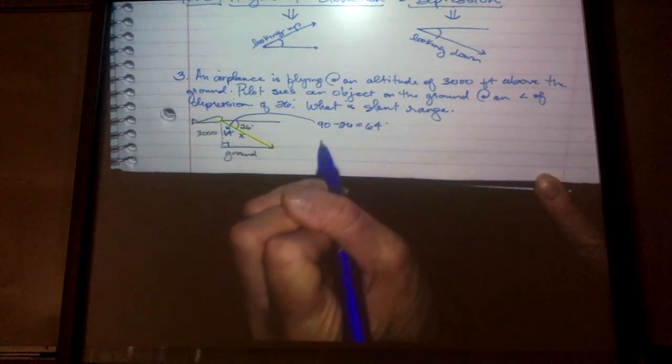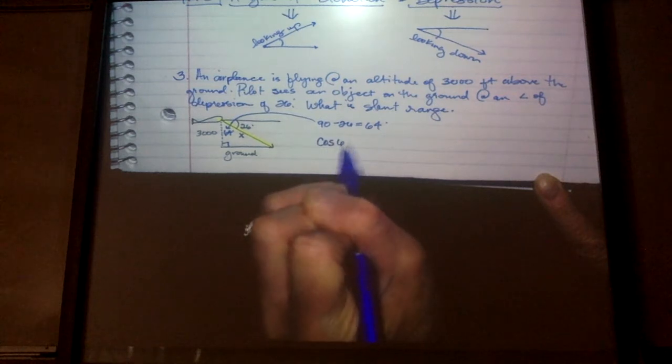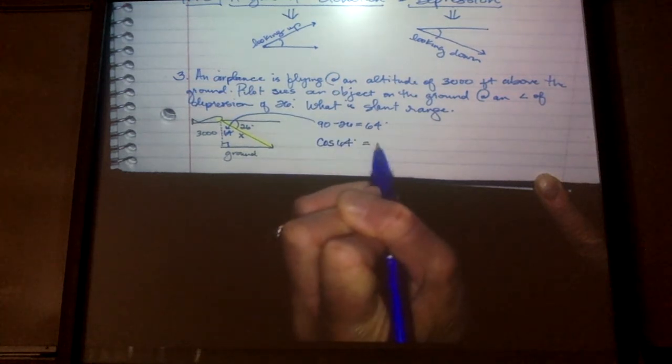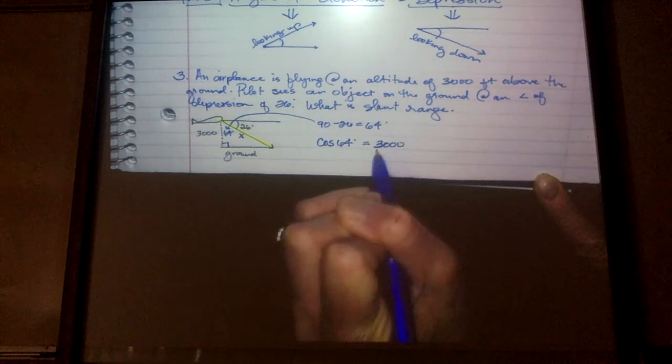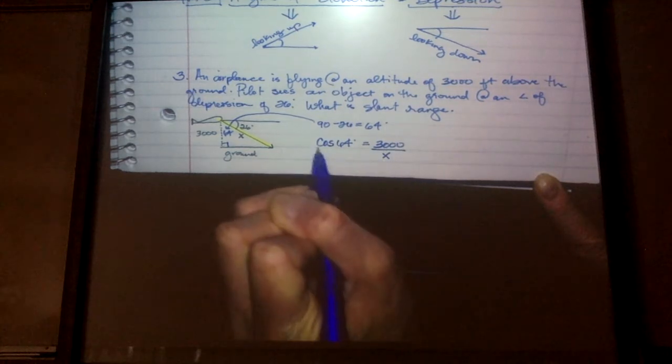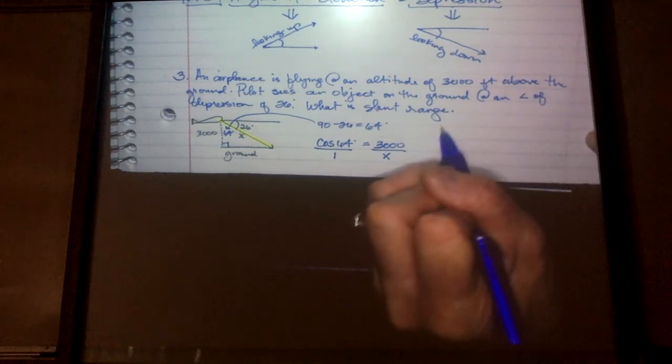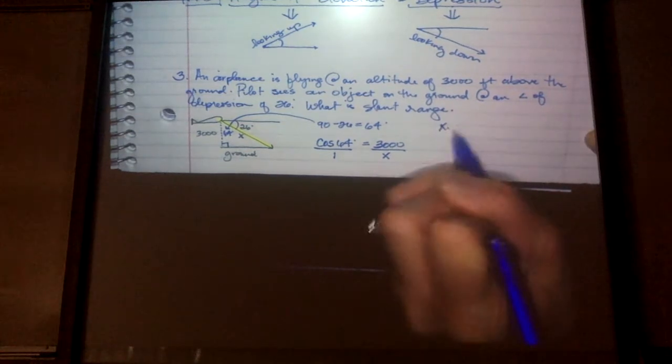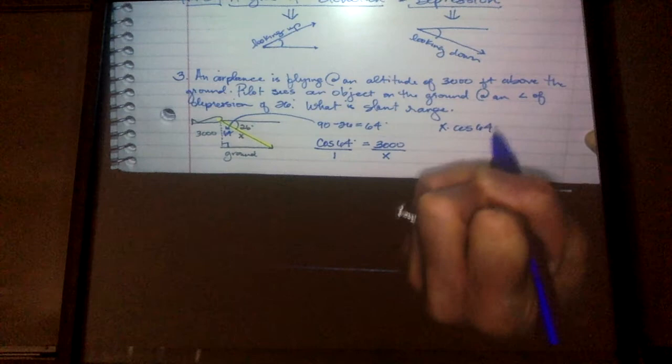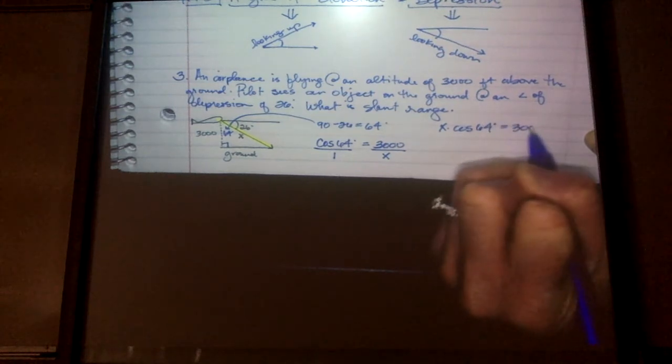So I'm looking for x, so I'm going to again use the cosine of 64 degrees equals the adjacent side divided by hypotenuse. Now I'm going to cross multiply. So x times the cosine of 64 degrees equals 3,000.